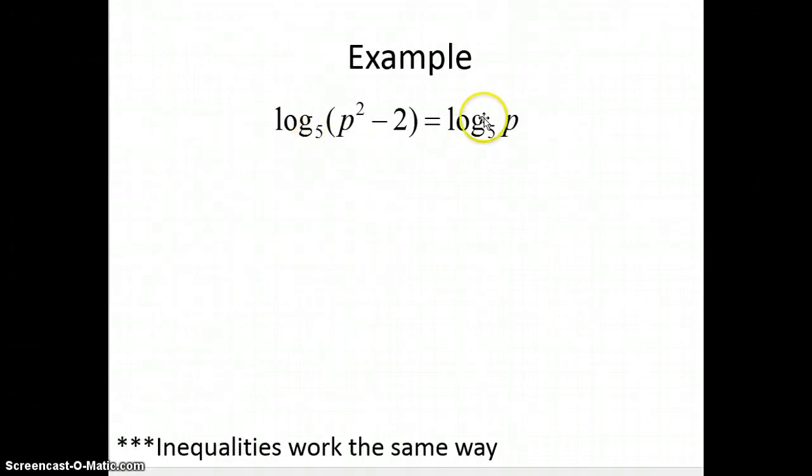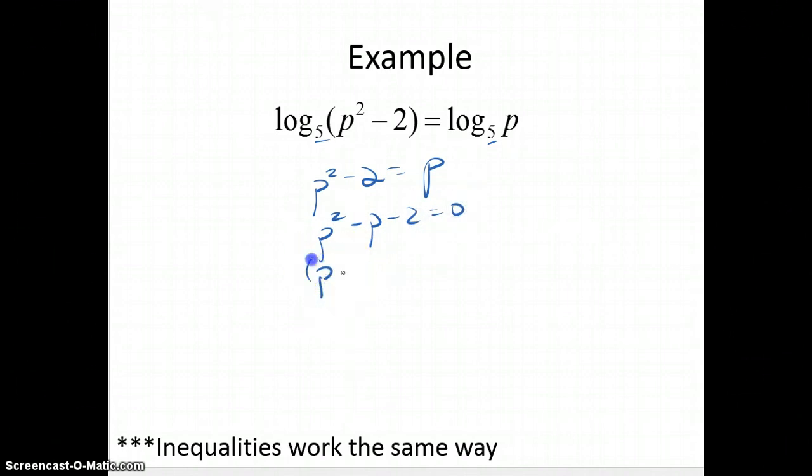Here we check it out. So we have log base 5, log base 5. We know that these are the only two components of it. This piece is set equal to this piece. So what we're going to have to do is set what's inside equal to what's inside. Anytime we have a p squared, we want to move everything to one side by doing operations to both sides, get it to 0, and then we factor it.